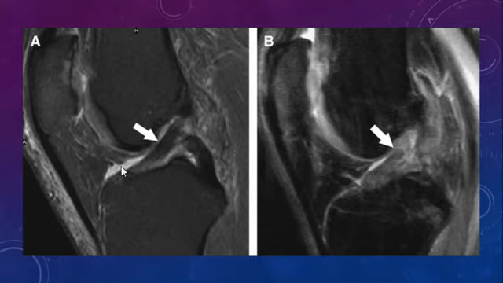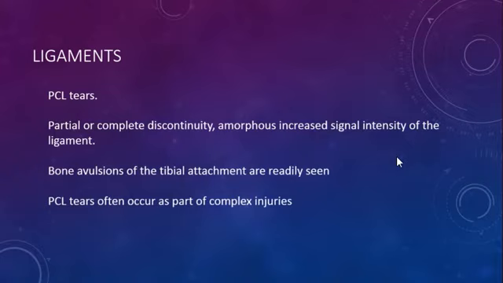This is the anterior cruciate ligament, the normal one, and you can obviously see the difference from the torn anterior cruciate ligament. Regarding the posterior cruciate ligament, usually it occurs as a part of complex injuries. It needs a large trauma, large force to be ruptured.